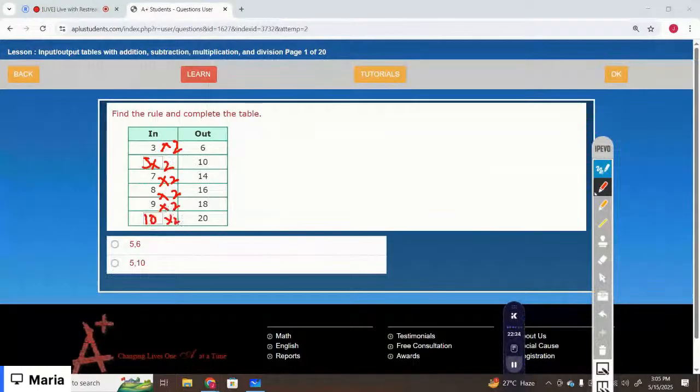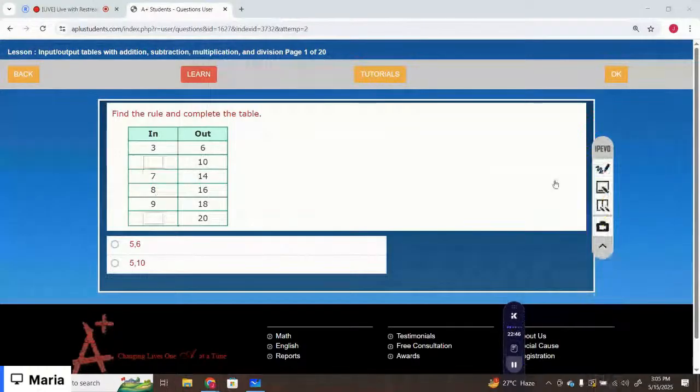So the missing numbers are 5 and 10. The correct option is 5 and 10.